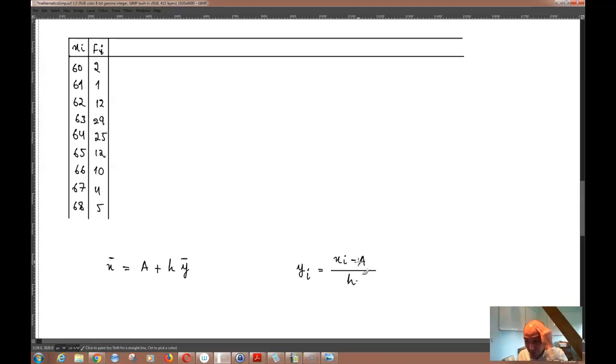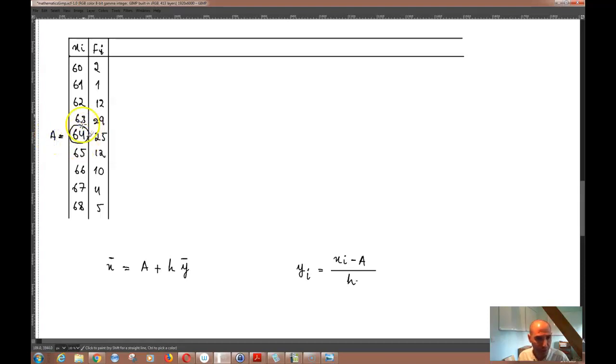Now what I can do in order to calculate this is I take my x of i's, subtract the assumed mean of the data. For example, I take 64 as the assumed mean.